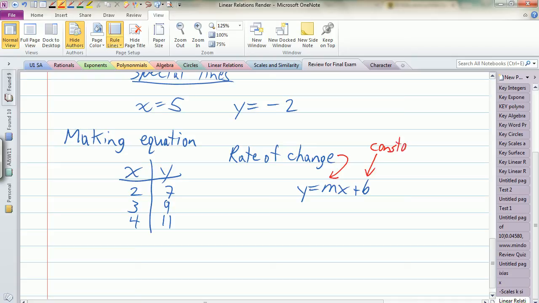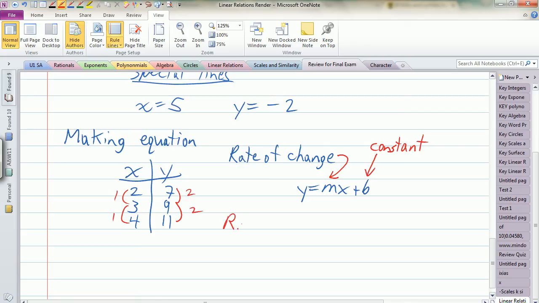And we did a lot of this from word problems, but we didn't do it from a chart. From a chart, you find your rate of change. What are we going up by for our y values? 2. What about the change in x values? 1.